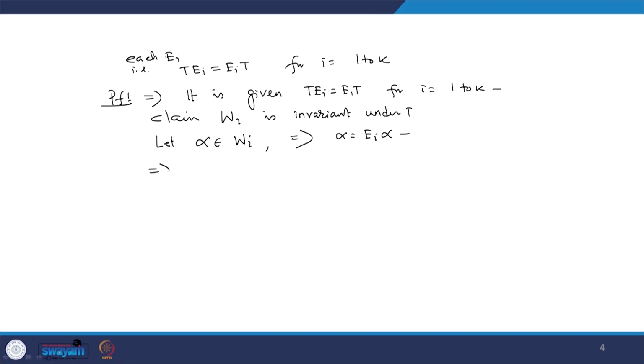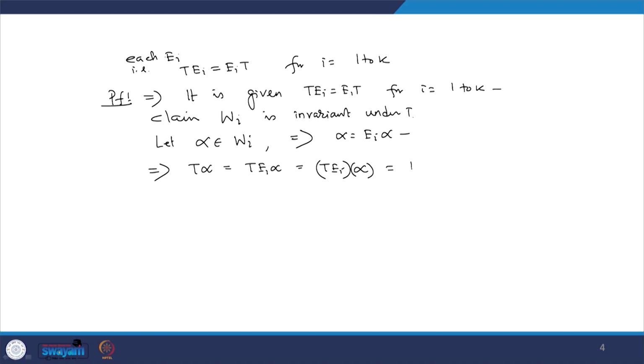So, this implies T of alpha equal to T E_i alpha. This is equal to T E_i operating on alpha.